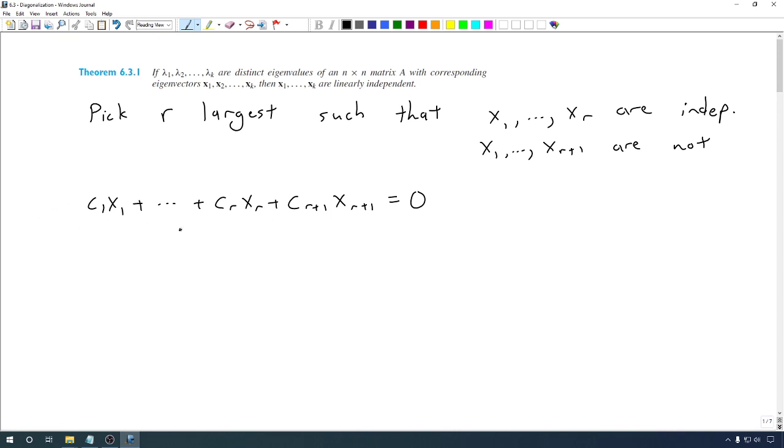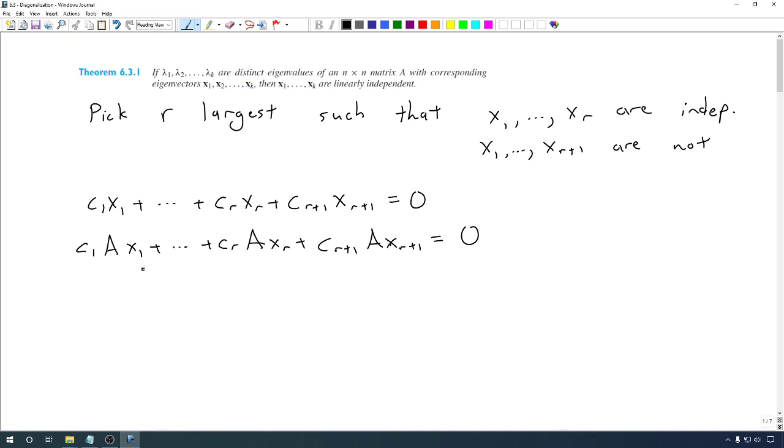Let's multiply this equation by A. And we can go ahead and just factor that A through the whole thing. Of course, A times 0 is still just 0. And here comes in the point that these are eigenvectors. All these x's are eigenvectors corresponding to certain eigenvalues.